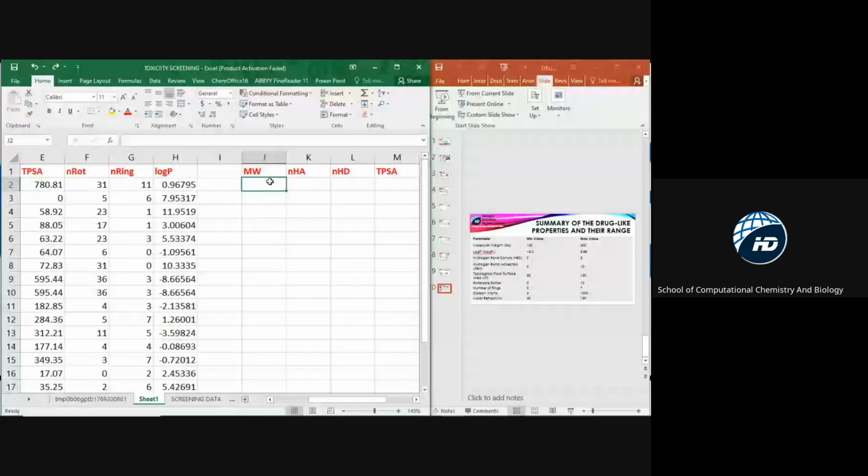Let me even rename the sheet. Together with this SMILES code, because the SMILES code is what we use to identify those compounds.